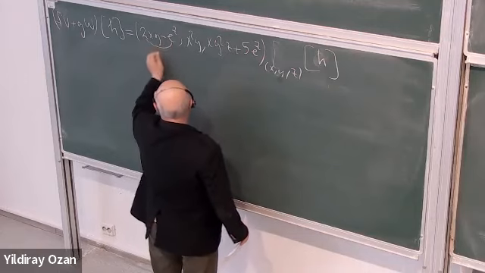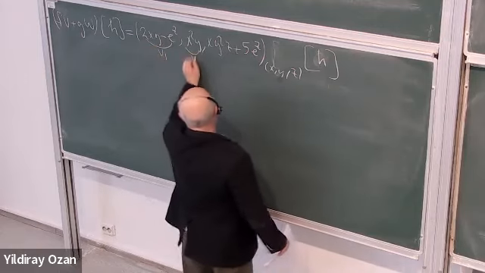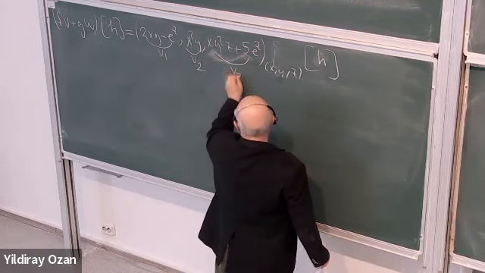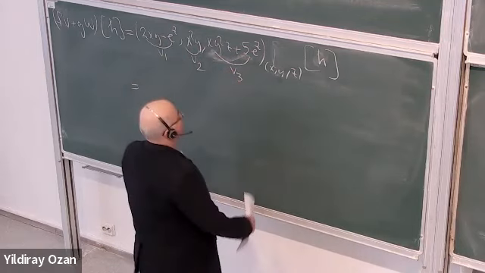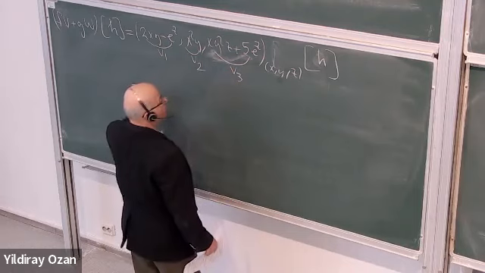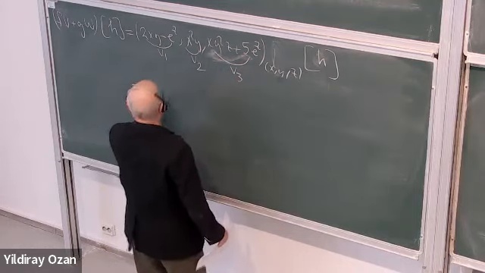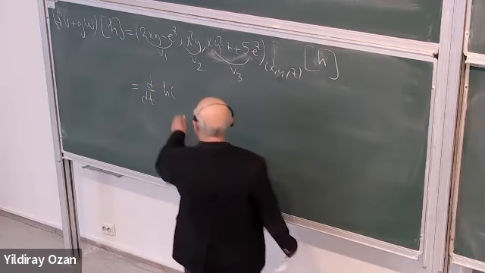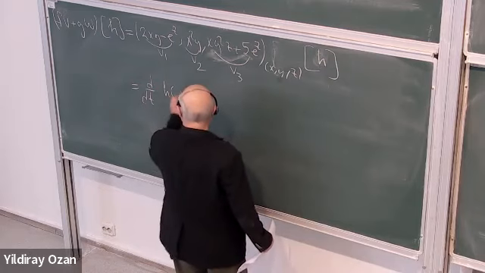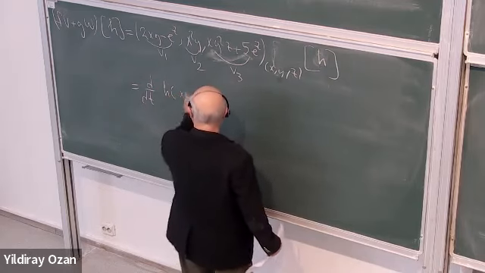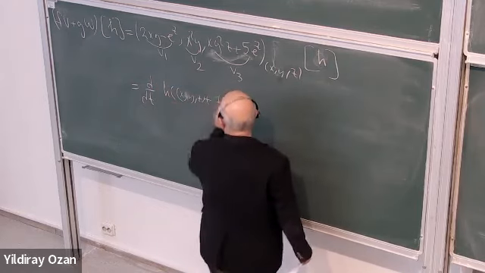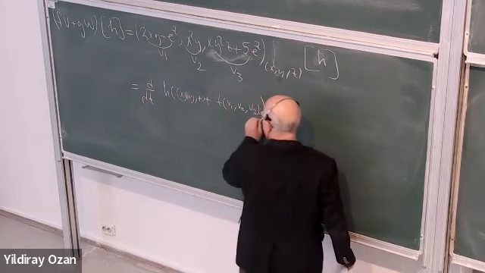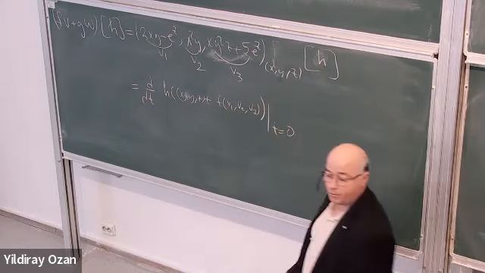Suppose this is just some V1, V2, and V3, okay? So what is this? This is just the directional derivative of h, d/dt of h at the point x, y, z plus t times v1, v2, v3, at t equals 0.